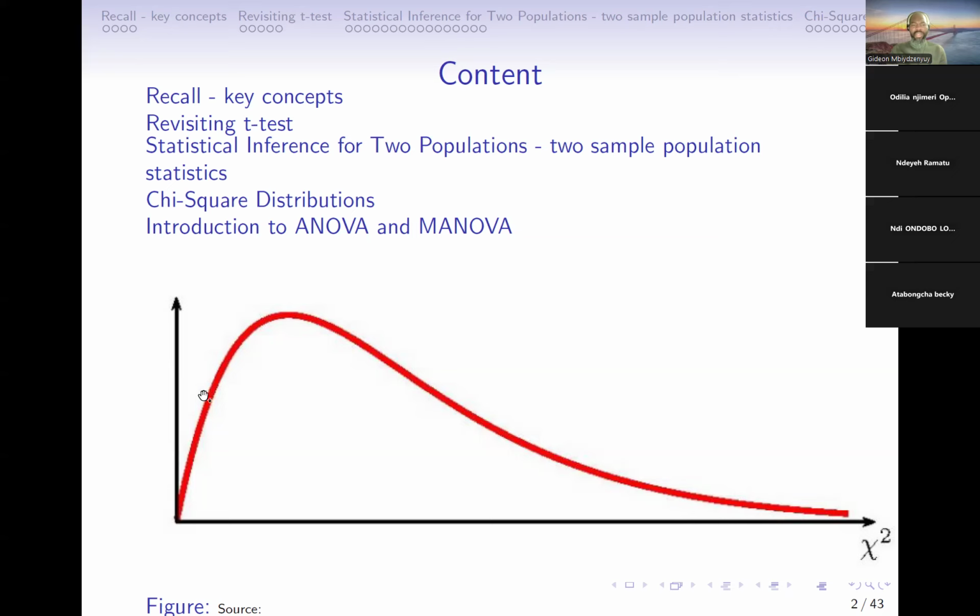What you should note here is that a chi-square distribution will be in the way that sometimes you can say it has a long right tail, like here. So you can keep that in mind. A function which shows this behavior with a long right tail is how the chi-square function behaves.